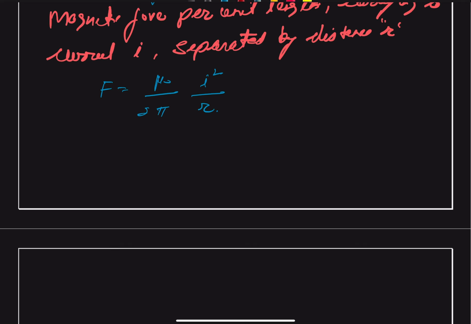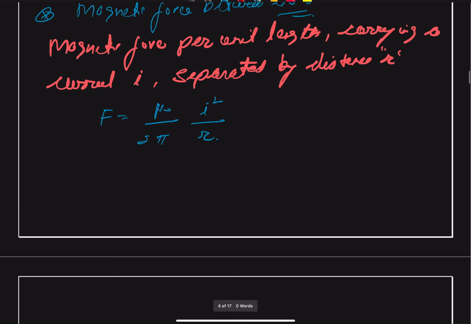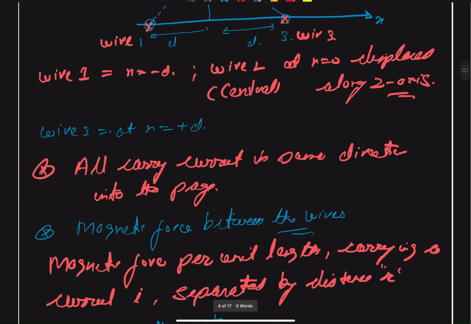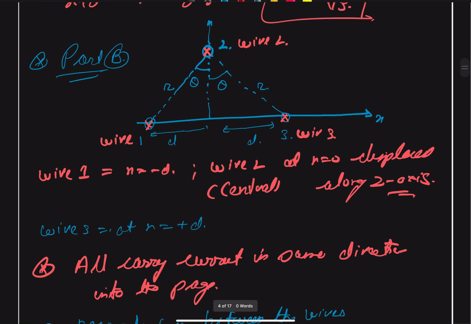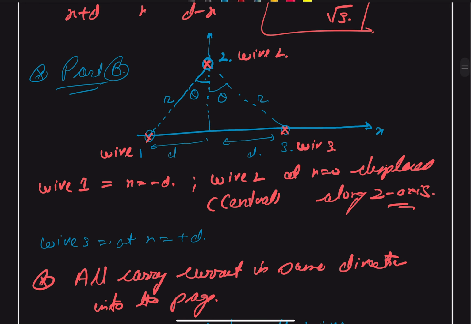If the displacement is z, then we can write that r is equal to the square root of d square plus z square.